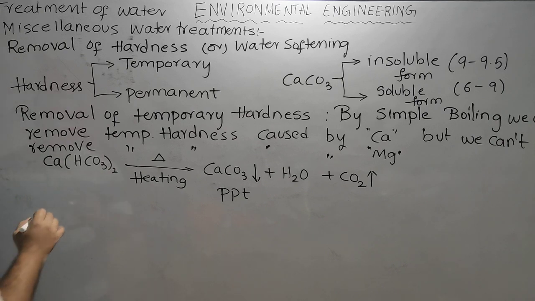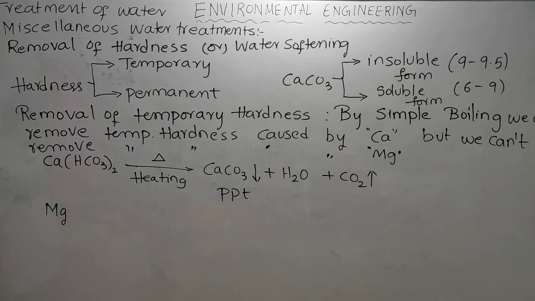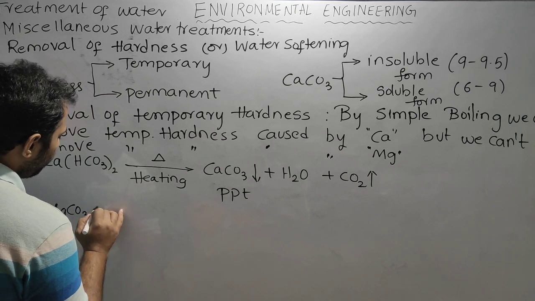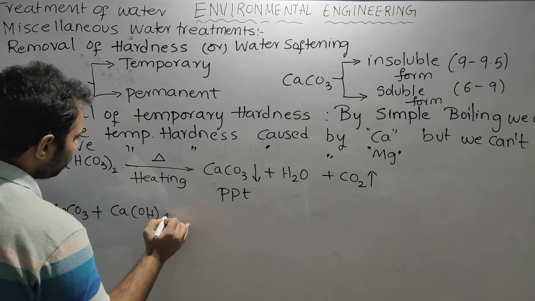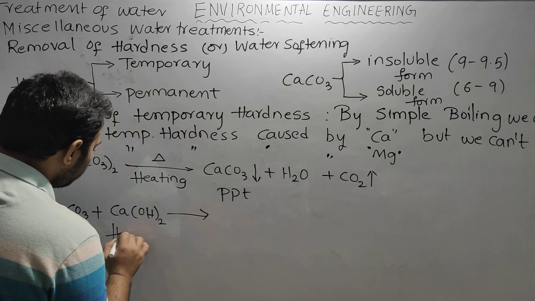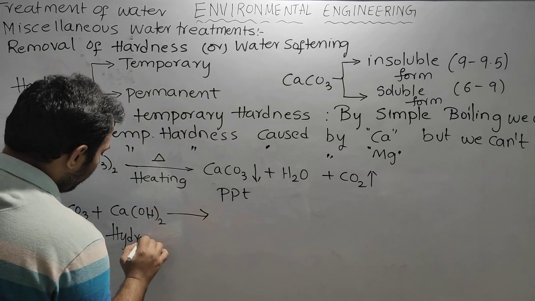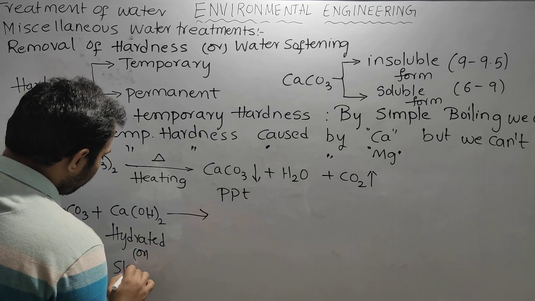To convert that, we add hydrated lime to the magnesium hardness: MgCO3 plus Ca(OH)2. This is hydrated or slaked lime.